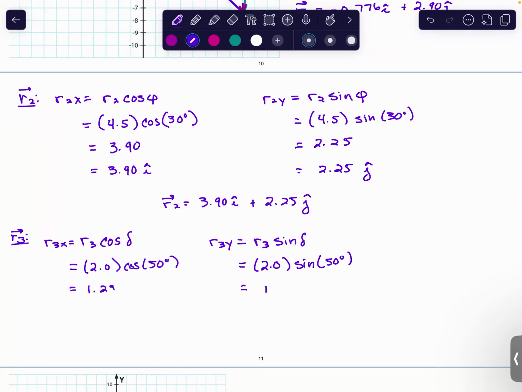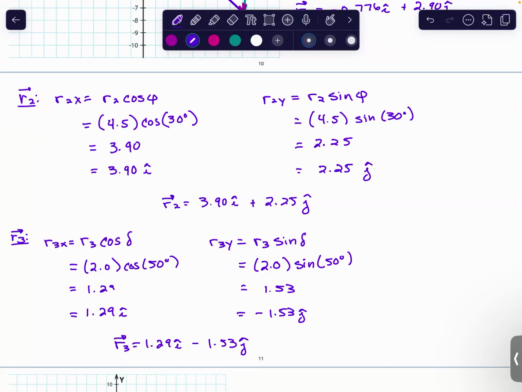This one is going to be 1.3. R3 is in the fourth quadrant. It's going to be a positive x and a negative y. Okay. So let's go ahead and write this one. All righty. So we have our three position vectors.